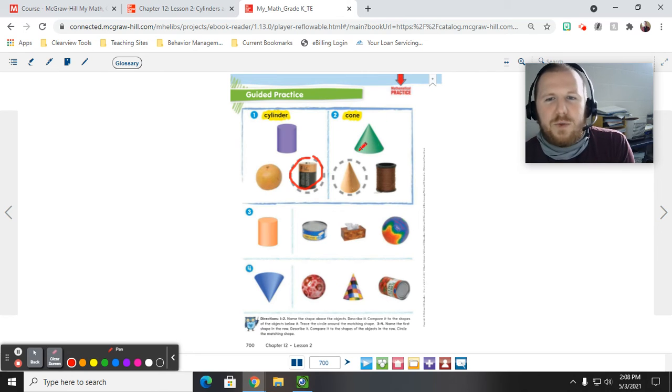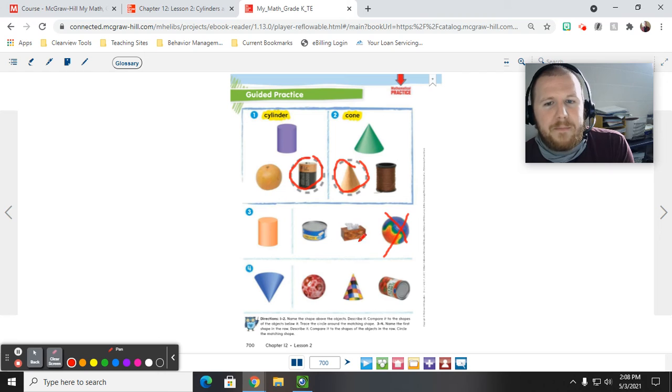Yep. So this one says find the cone. Well, this thread is on a cylinder container, and this is a cone shaped object. It's a block. But all right, so cylinder down here. What do we have? None of these really look like pop cans or anything. We know this is a sphere, so we're not going to do that. It's round.